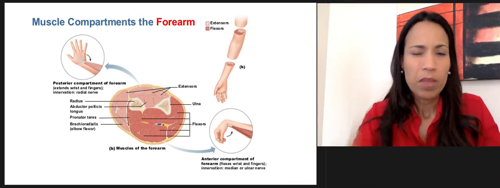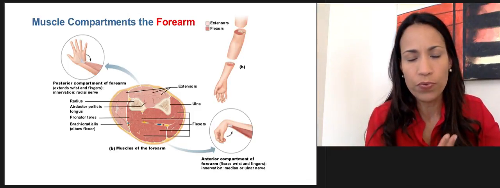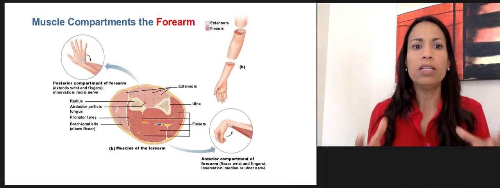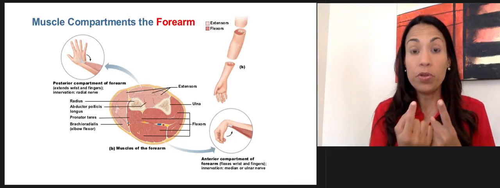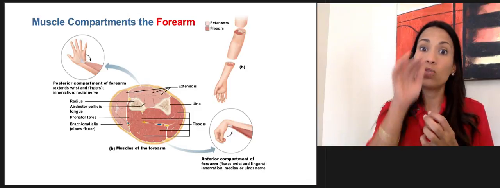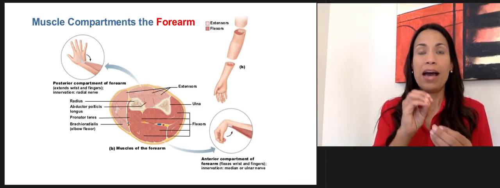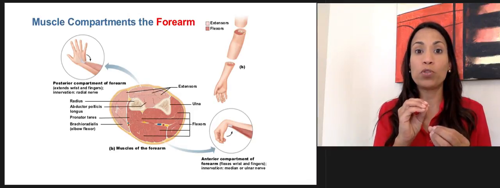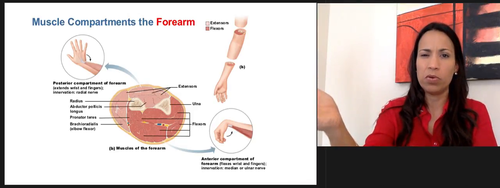Now, please keep in mind, I just described, to keep it simple, muscles crossing just one joint. But there are muscles that can span two joints, so they can produce movements, for example, at the shoulder and at the elbow.